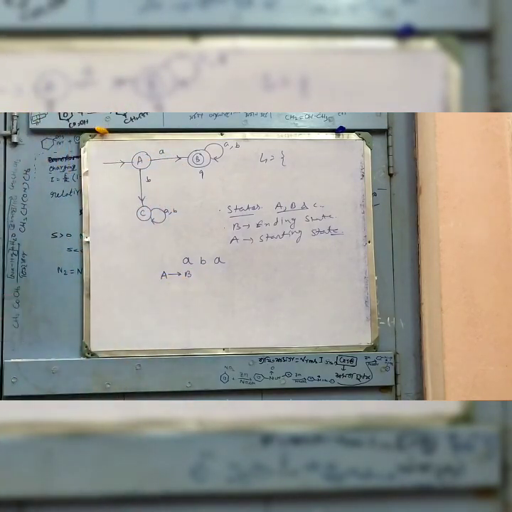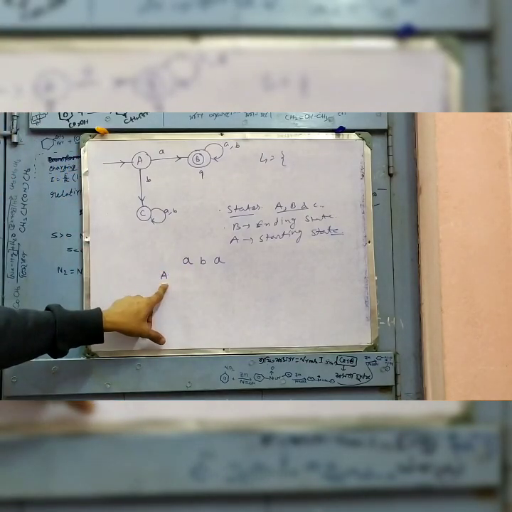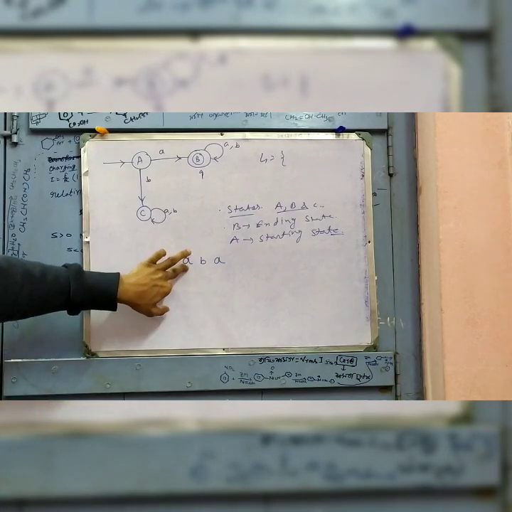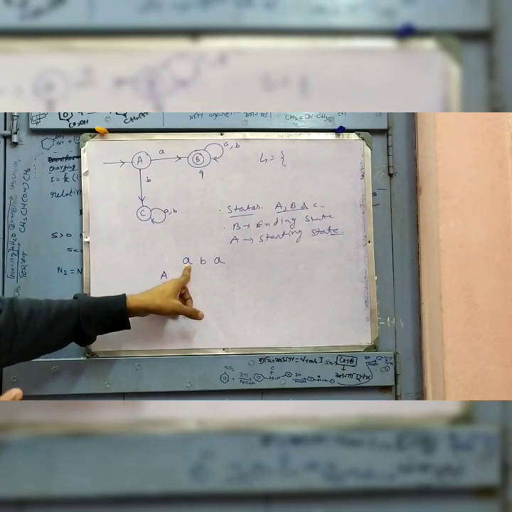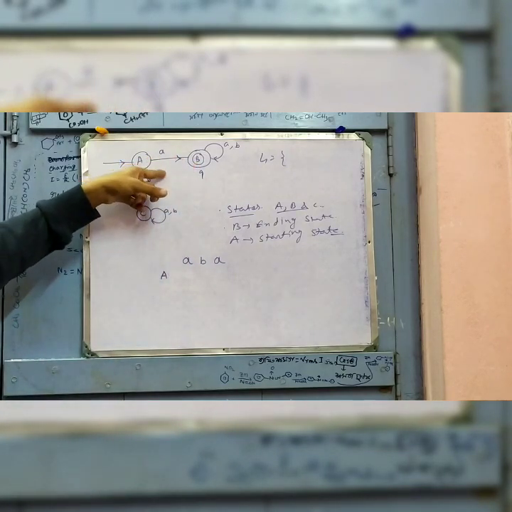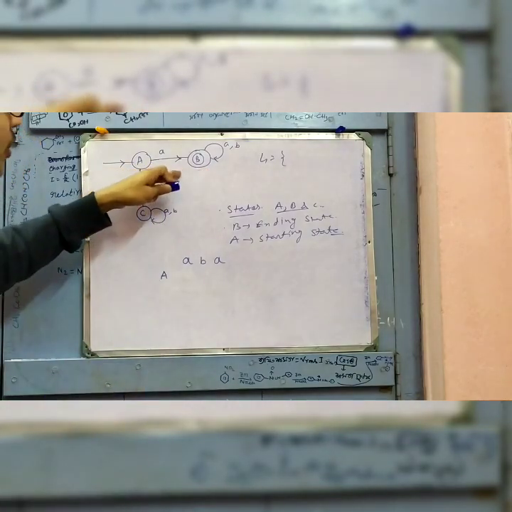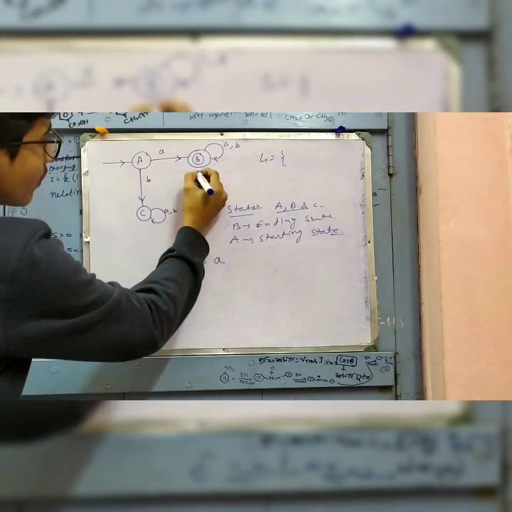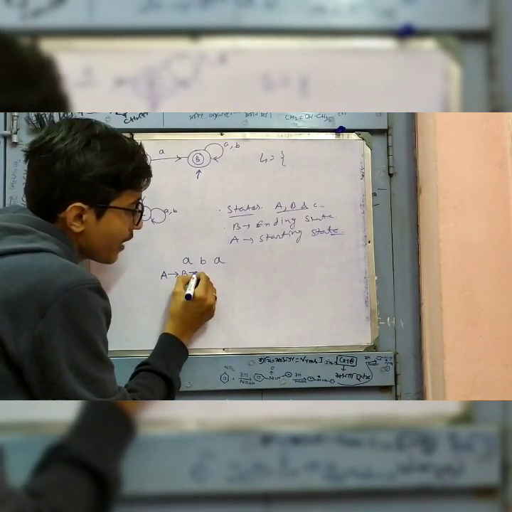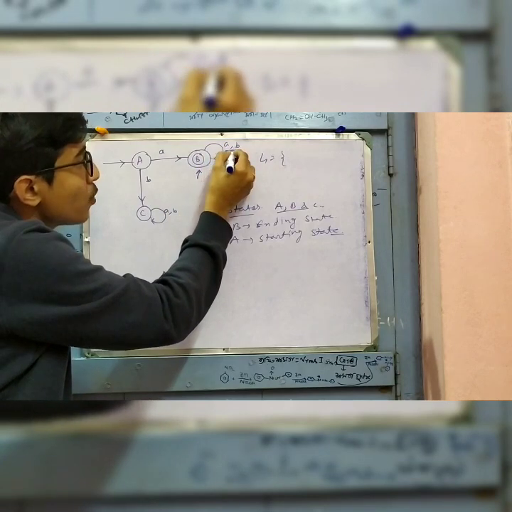I am repeating again. I am at the initial point, that is A. Now I have to get A. Forget about the other things. I have to get only A. In which path will I get A? On this path, and this is going towards B. So from A I have to go to B. I am now at this point. From this point you can see that there is a self loop.